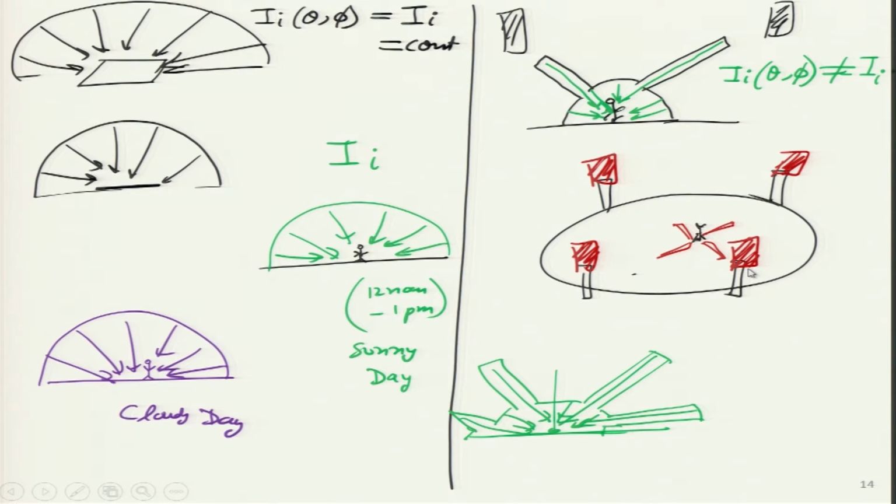Let us now imagine that on a cloudy day, some person is standing and it is so cloudy that it is not very dark, but it is hard to figure out where the sun is. It has happened to us and many of our friends. During the monsoon season it becomes so cloudy that it is hard to tell the location of the sun. Because of our clock we can tell it is 2 or 3 o'clock, so the sun must still be up somewhere, but the clouds are so much surrounding us that you get the same intensity from all directions.